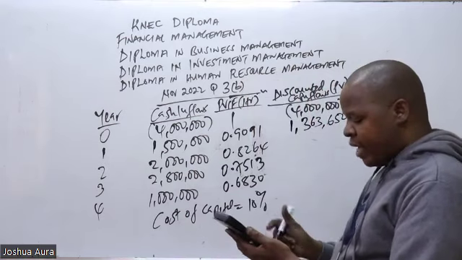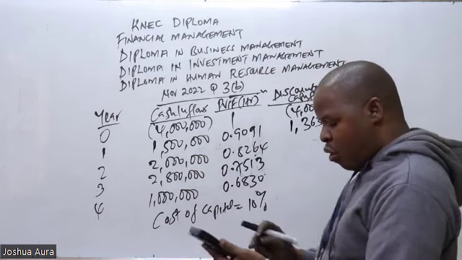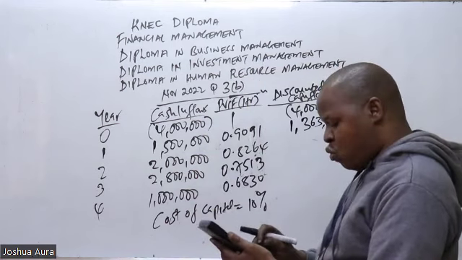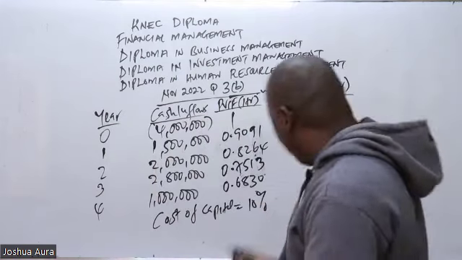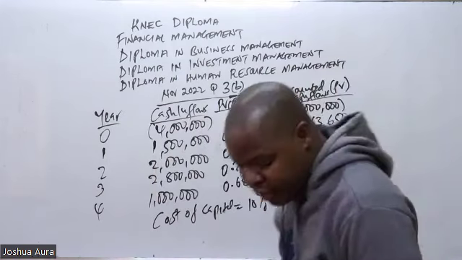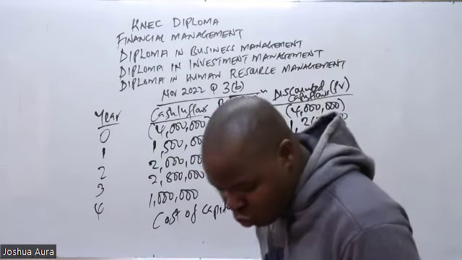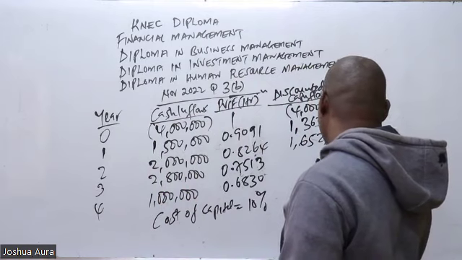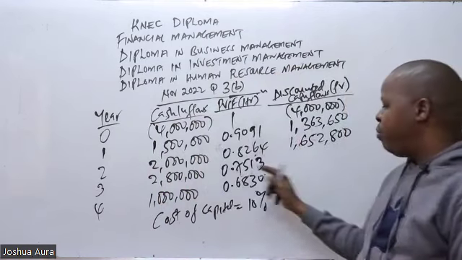What about year 2? We will take 2 million times 0.8264. What are we getting? We are getting 1,652,800. What about year 3? We are just multiplying here.